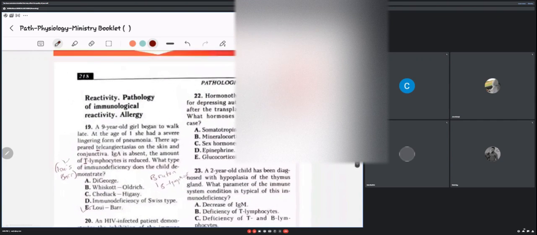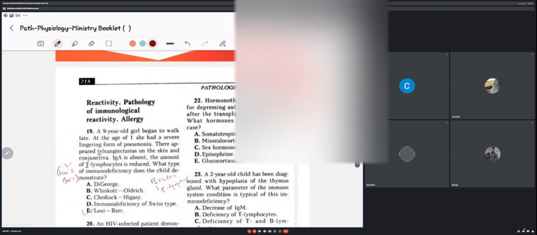So here we're talking about depression of autoimmune reactions. I told you that immune reactions are inflammation, isn't it? So when you're saying depressing autoimmune reactions, that means an anti-inflammatory reaction. Anti-inflammatory. Yeah, option E.